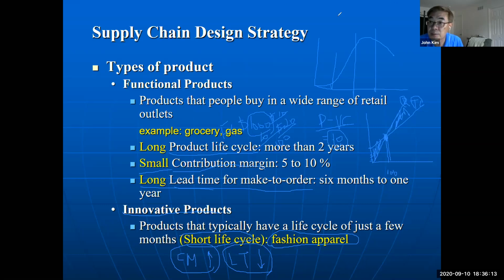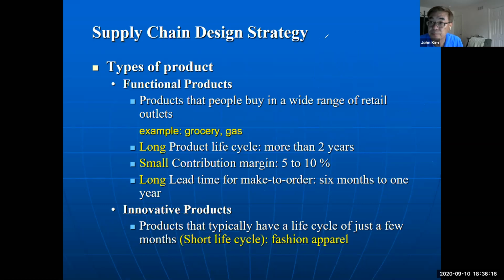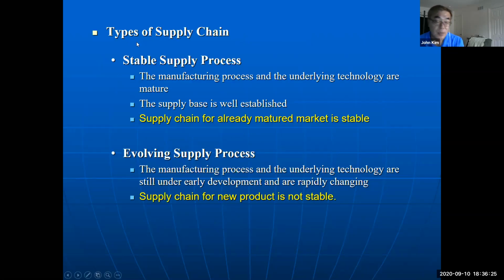Okay, next. Supply side, types of supply chain: stable supply and evolving supply. I have a Samsung Galaxy model. This one is not the regular model line.